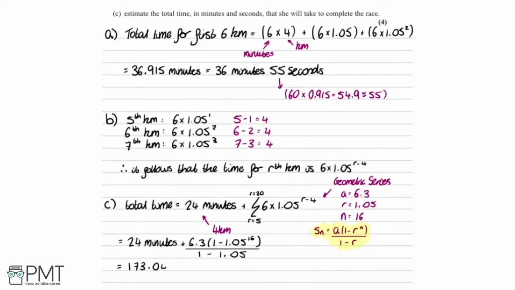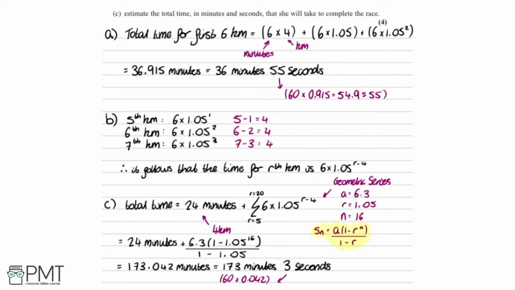That's 173.042 to 3 decimal places, just worked out by putting that in the calculator. So that's minutes, and that equals 173 minutes and 3 seconds. And just like earlier, we worked that out by doing 60 multiplied by 0.042 and then rounding to the nearest second.